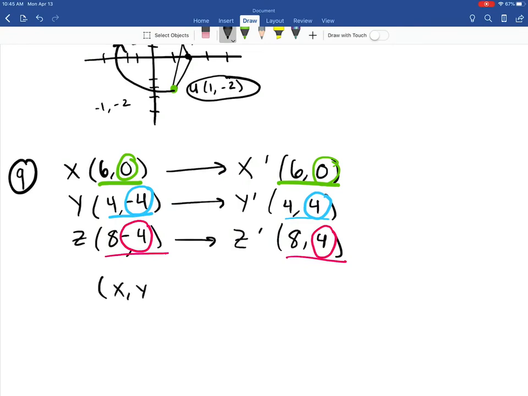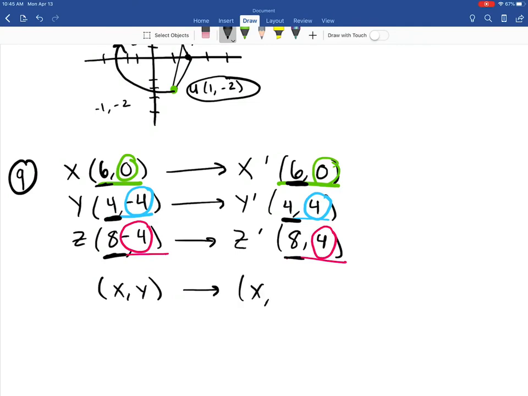So I could say that there is a change of sign. In all of these, this one stayed the same, this one stayed the same, this one stayed the same. The x doesn't change. But the y changed signs, even though you don't see it in the 0. So we have to figure out what type of transformation that is.